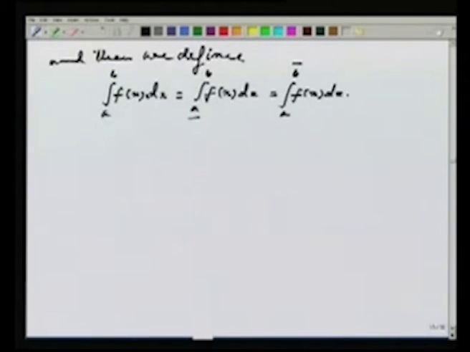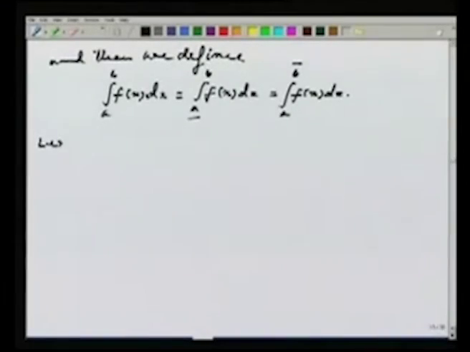So the whole process is again this, that I look at all possible partitions of the closed interval [a,b]. Corresponding to each partition, I look at UPFs, I collect those UPFs, look at the infimum of that set. Then corresponding to each partition, I look at the LPFs, I look at that set, I look at the supremum. If the supremum and the infimum are the same, then the function is called Riemann integrable, and the Riemann integral of the function is defined to be that supremum.